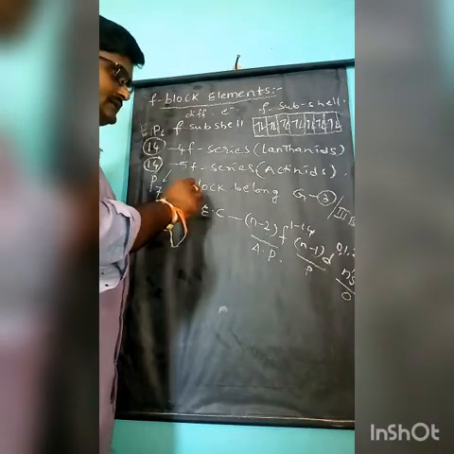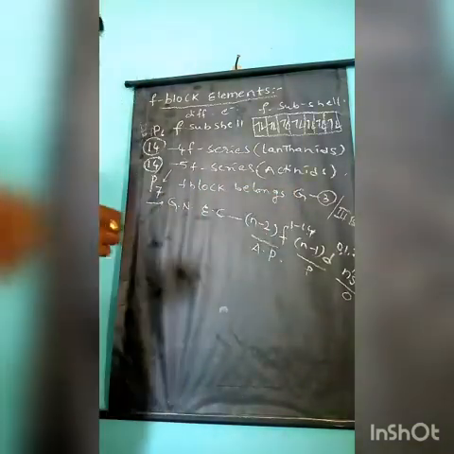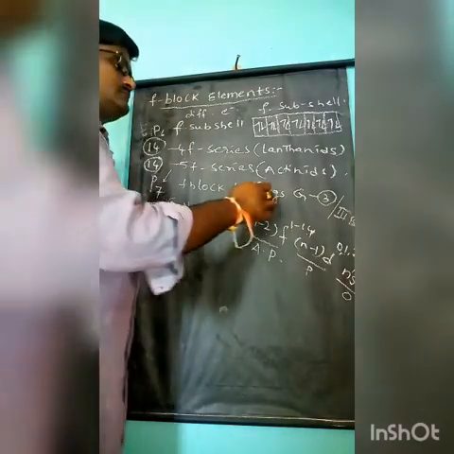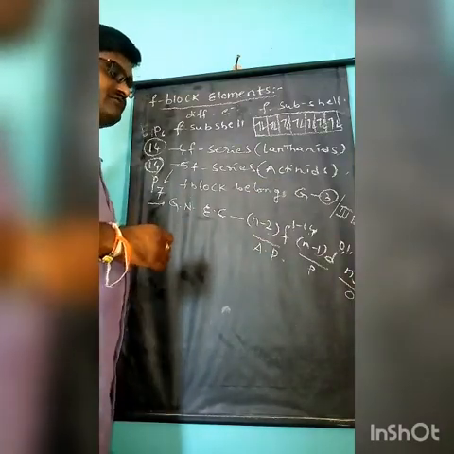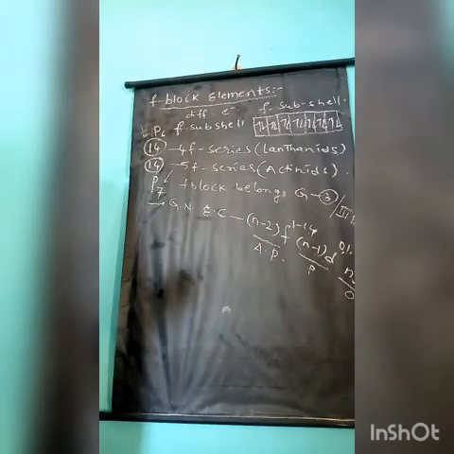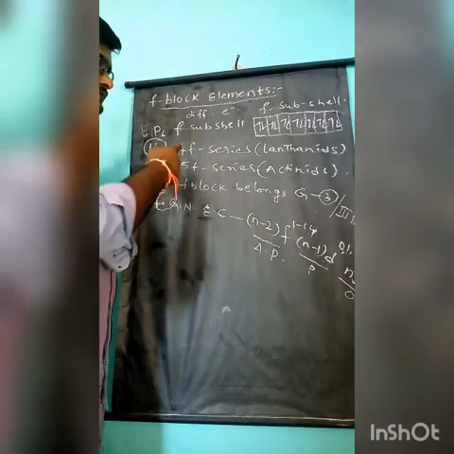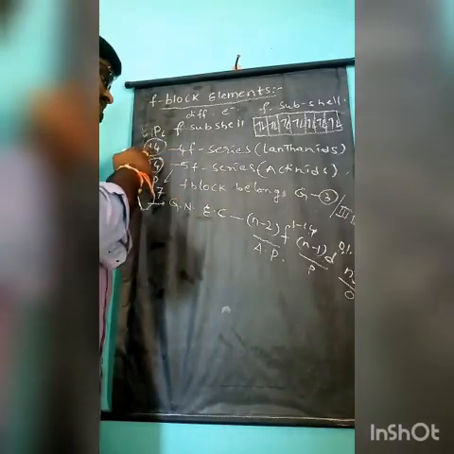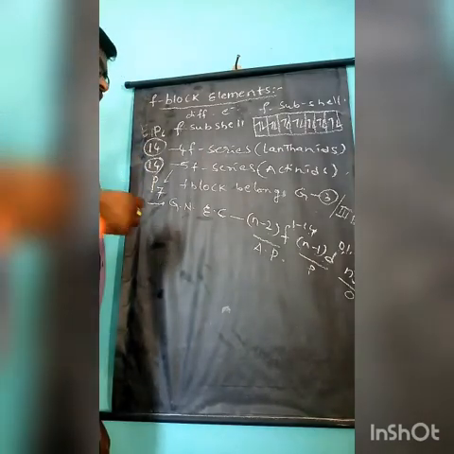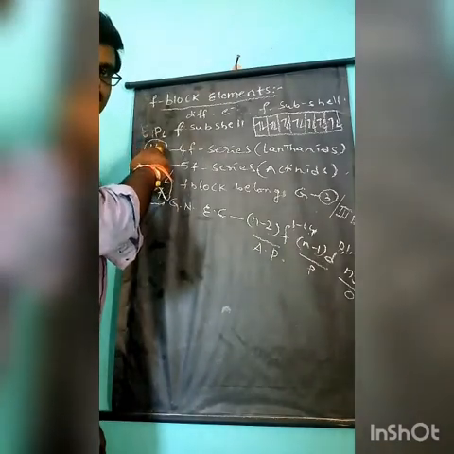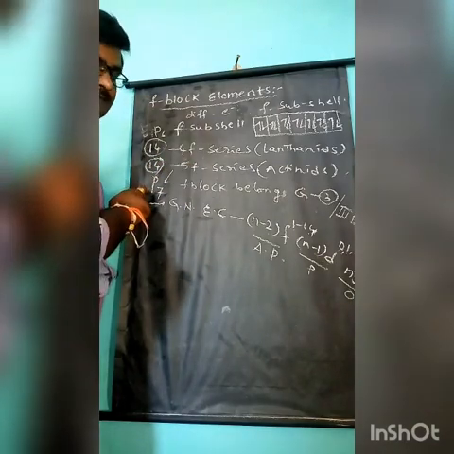Next point. F block elements belong to group 3, but the 4F series belongs to period 6, P6, and the 5F series belongs to period 7, P7.